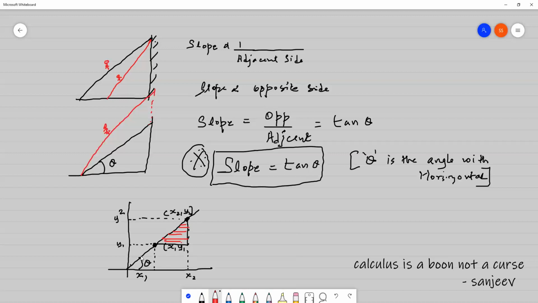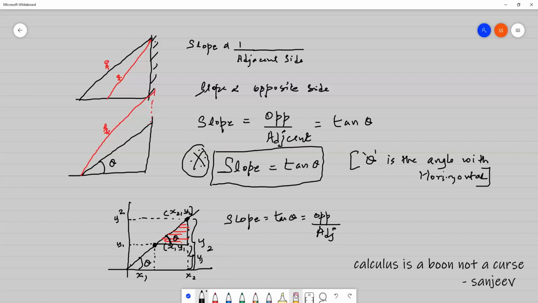Now what is the slope? If this is theta, then this angle should also be theta. What will be the slope of the line? We already know slope is equal to tan theta, which is equal to opposite side by adjacent side. Now in this triangle, what is the opposite side? The whole thing is y2, and this one is y1.